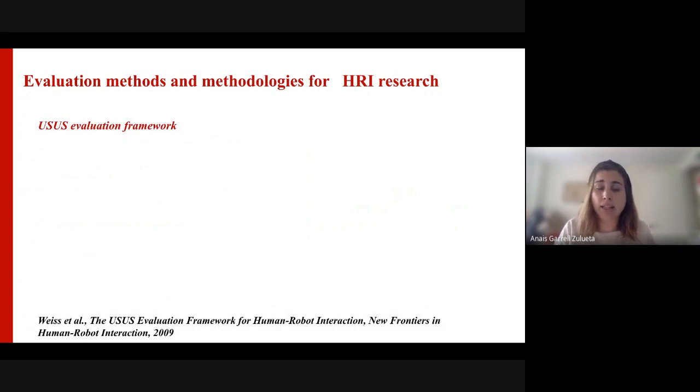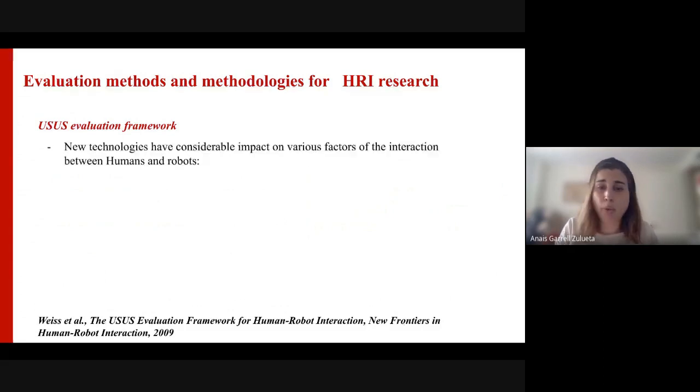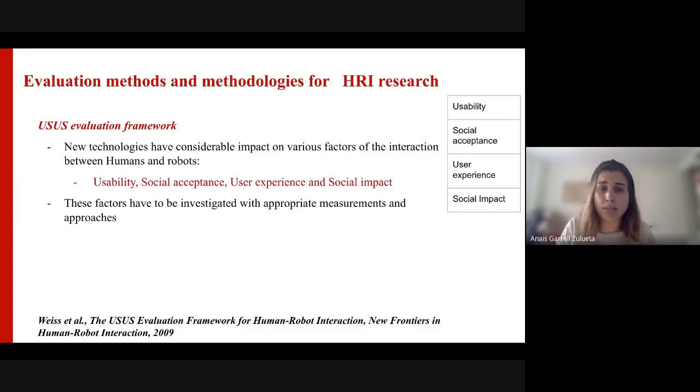Then in 2009, there was a doctor who presented the user evaluation. I will be very brief here, but basically they study the usability, the social acceptance, the user experience, and the social impact of this HRI system in the world.